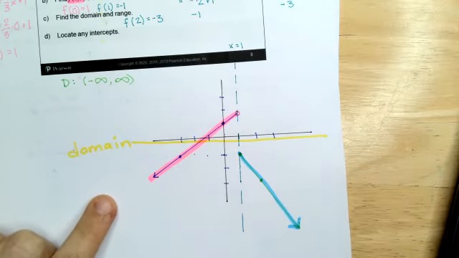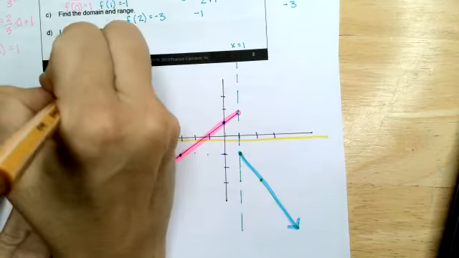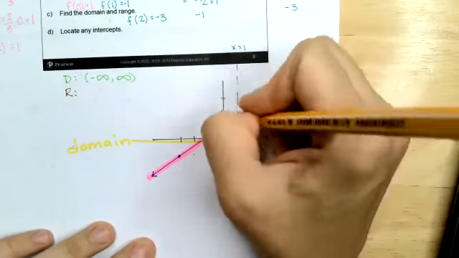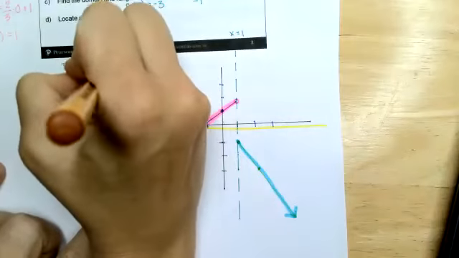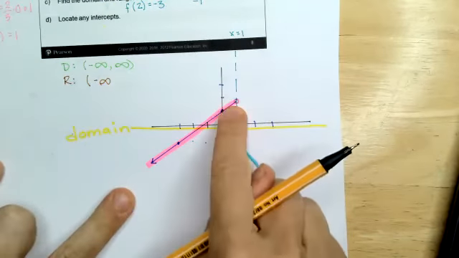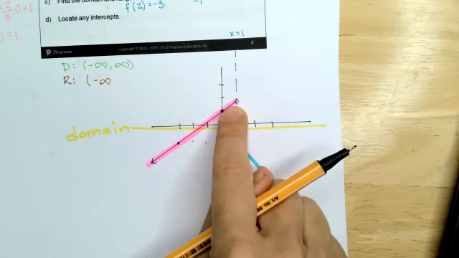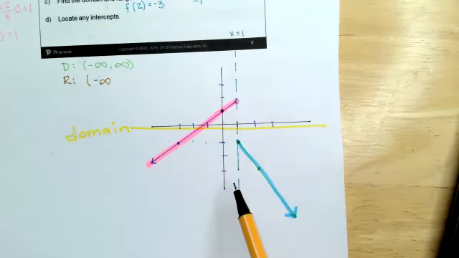Good. But my range are my y values. So up and down. It goes forever down, right? It definitely goes to negative infinity because those are both going down. How high does it go? What is your highest point? Good. So you can think about, well, what is my highest point?